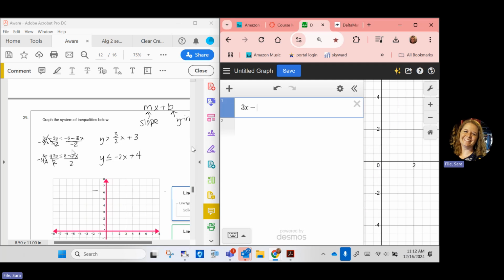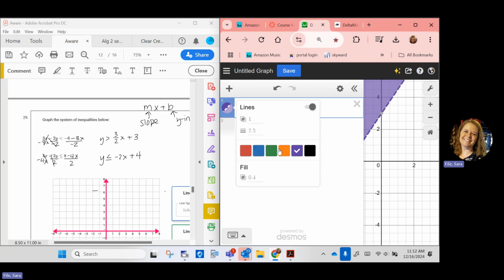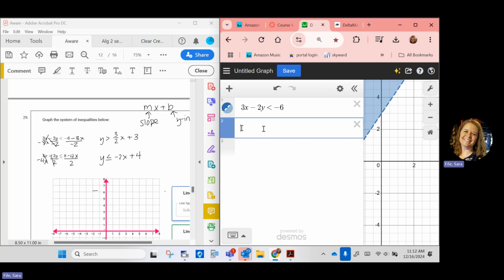If I just type it as 3x minus 2y is less than -6, it's going to graph it for you in Desmos without rearranging it. So how about that? That was our blue line, and it tells you it should be dashed. Now let's do the second one without rearranging it.